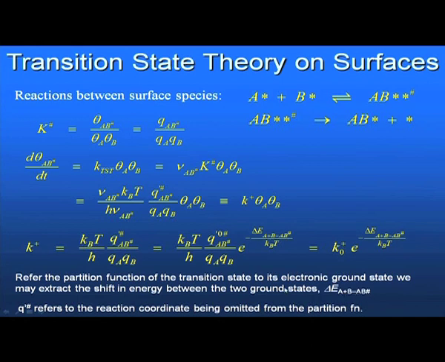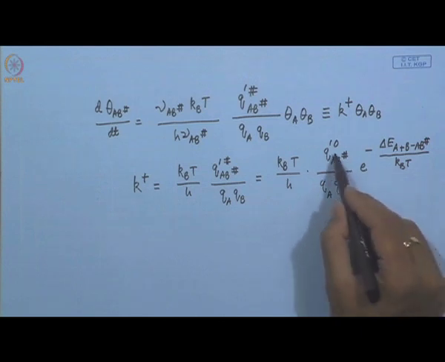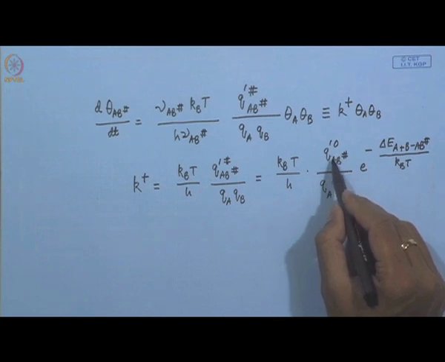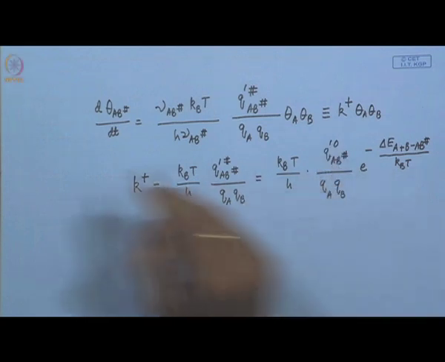That is why this term is here, and Q primed double dagger refers to the reaction coordinate, meaning one mode is taken off, the reaction coordinate along which this reaction is taking place. Maybe one vibrational mode is converted to a translation. That is why it is primed.